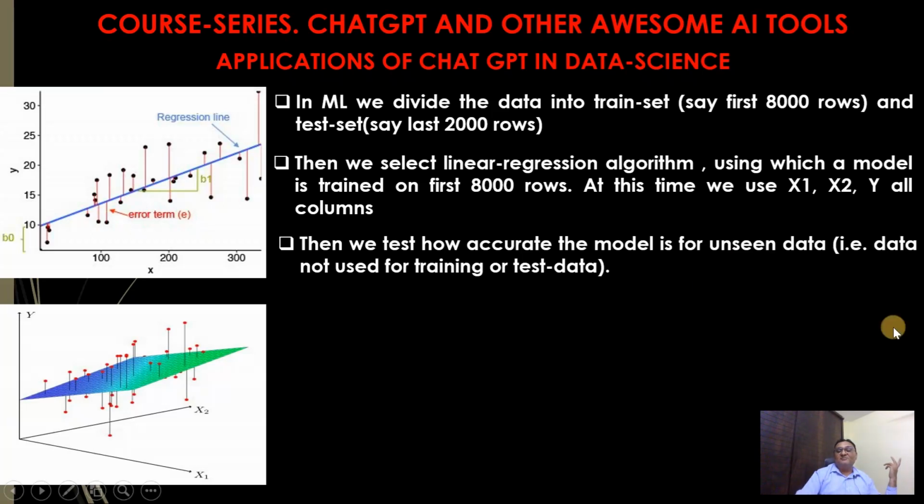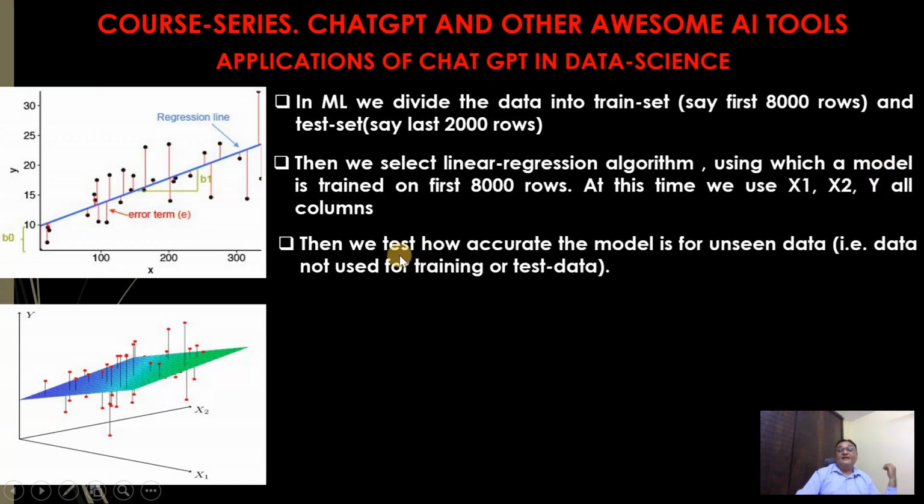What is the statistical method? I am very briefly repeating that: divide your 10,000 rows into a train set of 8,000 rows and a test set of 2,000 rows. Select the linear regression algorithm and train that algorithm on 8,000 rows. At that time, for training, use the features as well as the values of the housing price, the target variable.